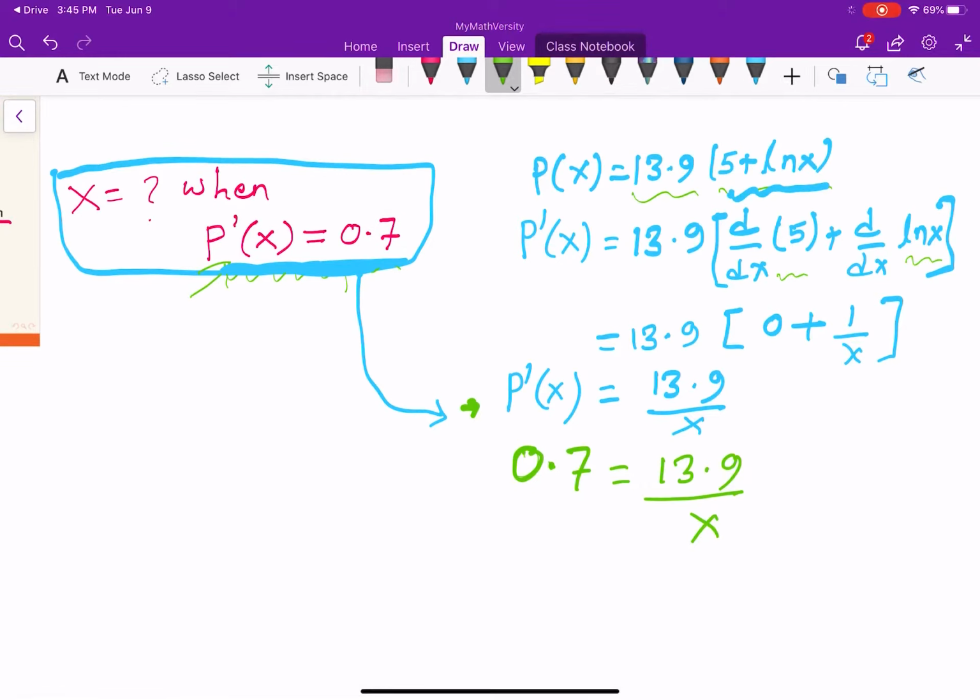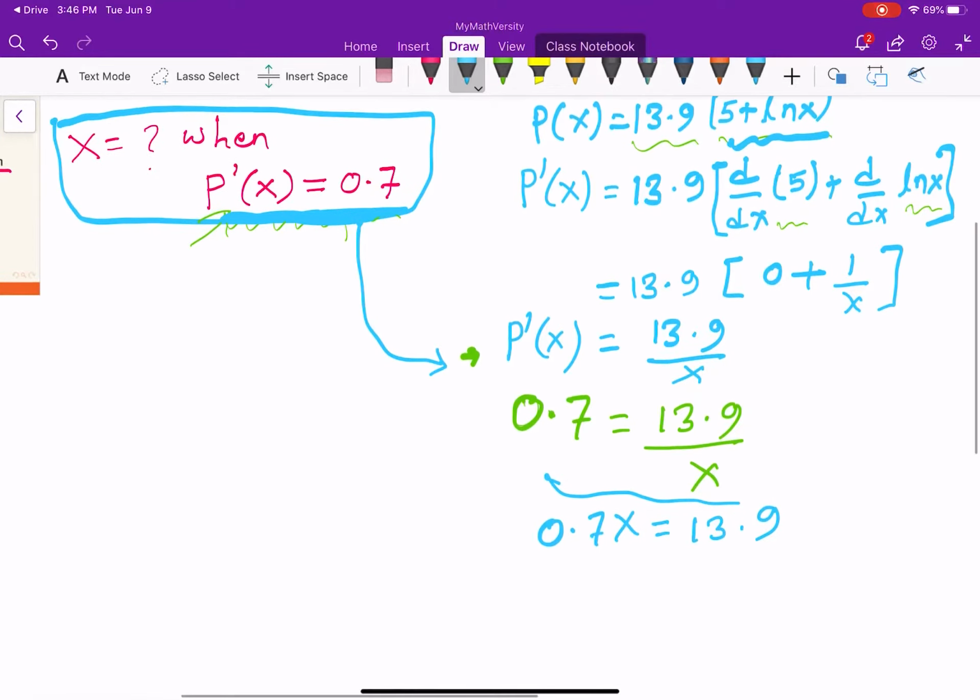So how do you solve this equation? This is a rational equation. How do you solve any rational equation? We multiply both sides by the lowest common denominator. When we do that, we get 0.7 x equals 13.9 divided by x multiplied by x. The x and x cancel out, so we get 13.9.